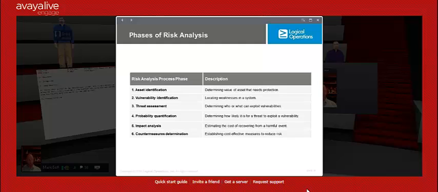Okay, now that I've identified my assets, I identify vulnerabilities associated with those assets. Well, this data resides on a Microsoft Windows Server 2008 machine. The vendor of that machine is IBM. It's a model number thus and such, and so on.